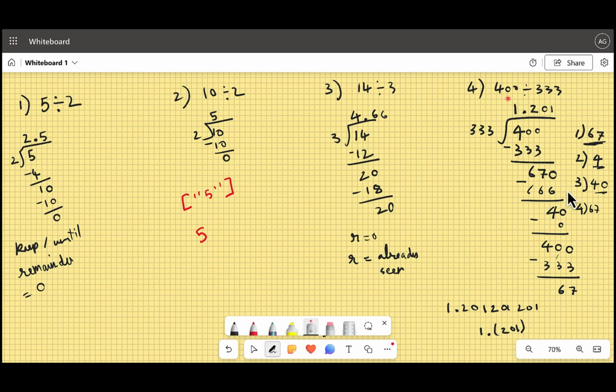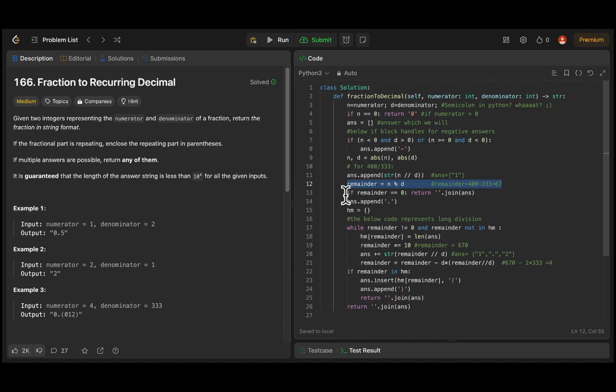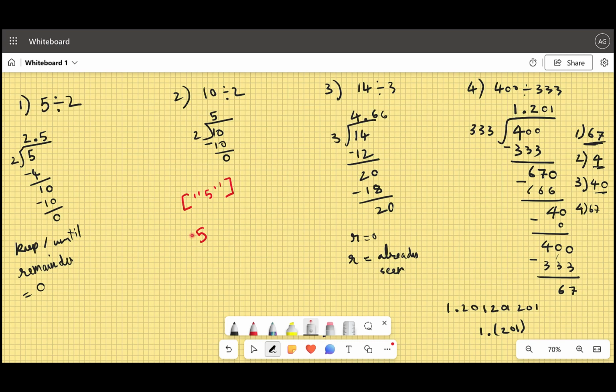That's what we get as our first remainder. Now had our remainder been 0, we would straight away return the answer. So we check if the remainder is 0; if so, we return the answer, or else we add a point. We added a point here.